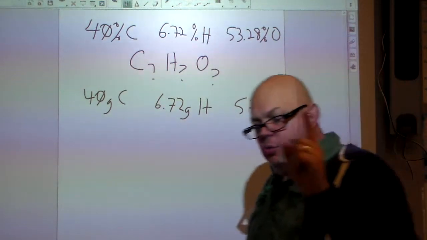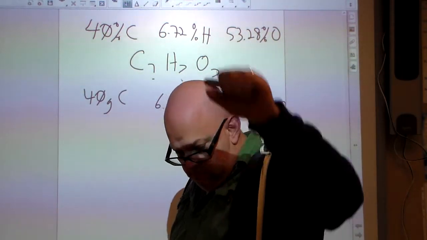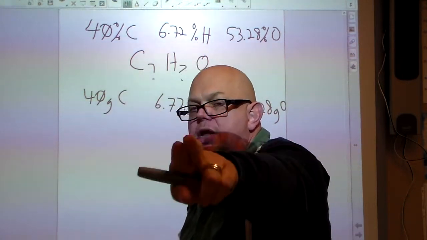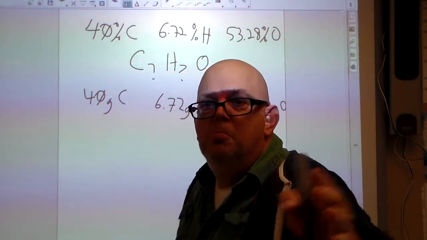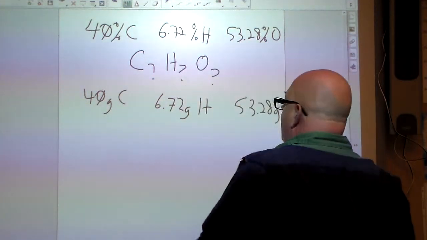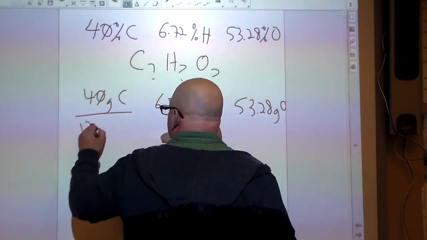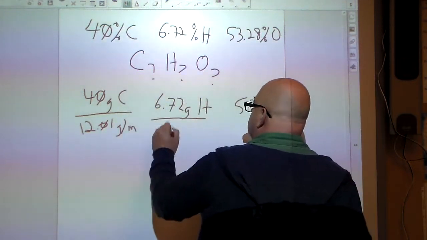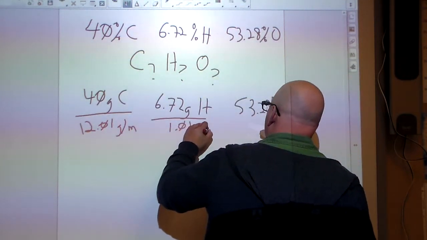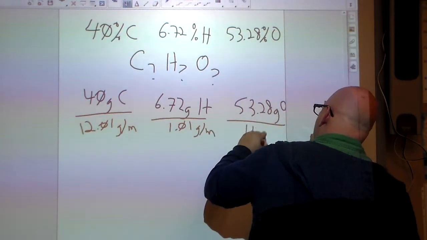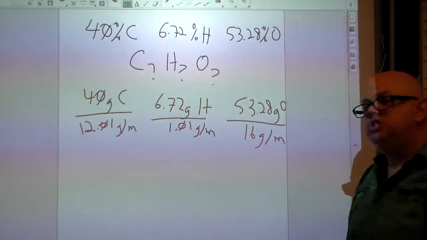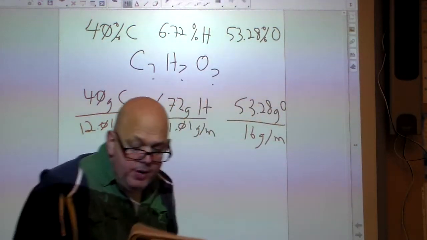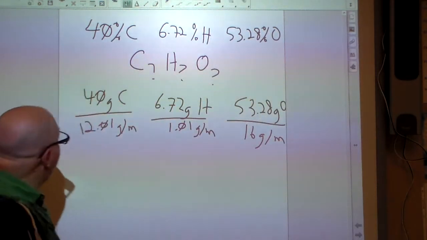Great, we got numbers. What do we need to do next, guys? Change it to moles. All right, let's divide it. 12.01 grams per mole from the periodic chart. So now we can change this. We're dividing it by how many grams there are in a mole, so we know exactly how many moles of the stuff we have.